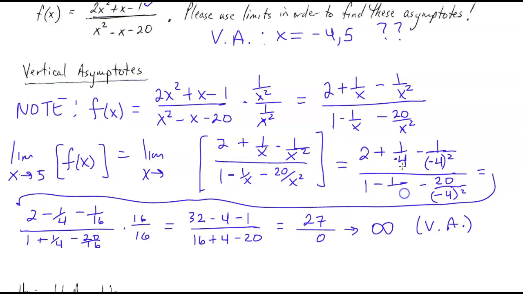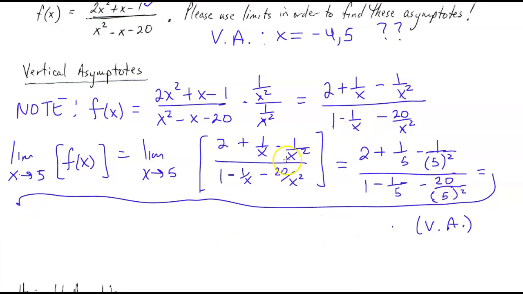And everywhere where I have a -4, I'm just going to replace it with the 5. And of course, we'll have different numbers here. So we'll figure out what all this is later. All right, so I've gone in and replaced all the -4s with 5s. And so now we're at this point here.